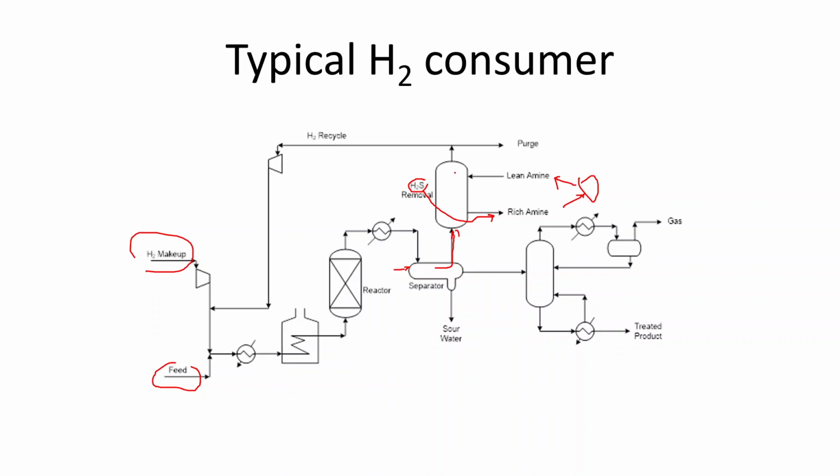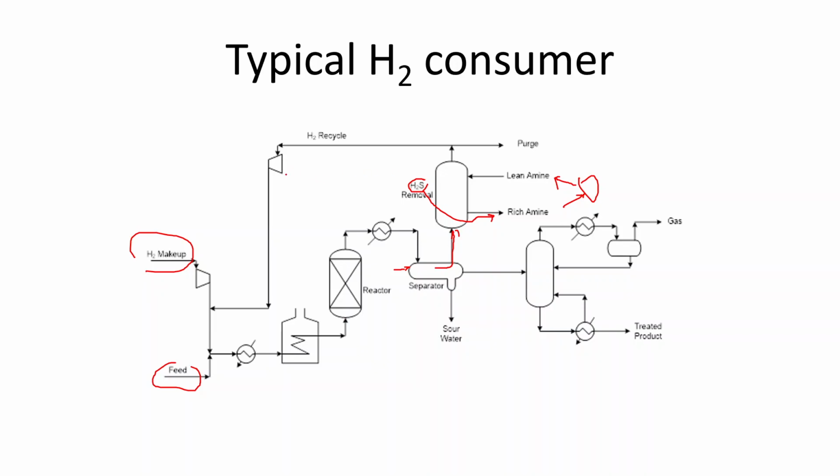The purer gas is then partly recycled and partly purged. For the recycled gas, which undergoes the whole series of unit operations, there are pressure drops everywhere.